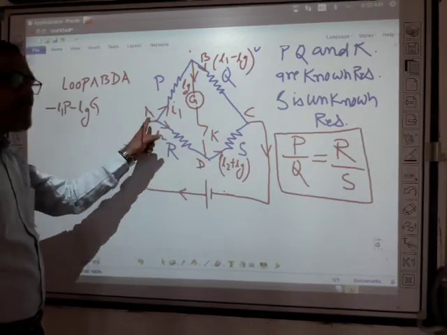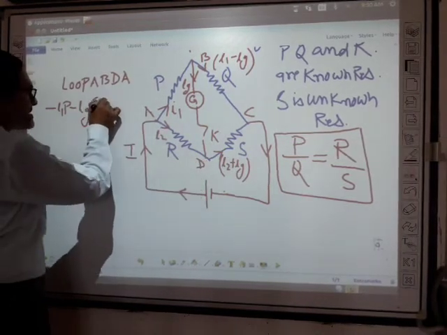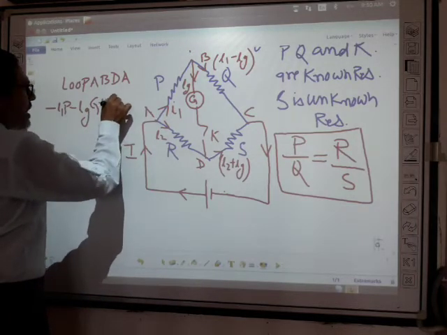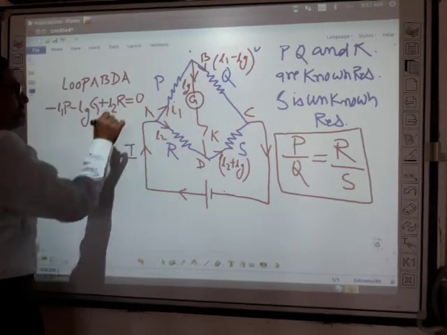D to A, opposite to the current, plus I2R is equal to 0.